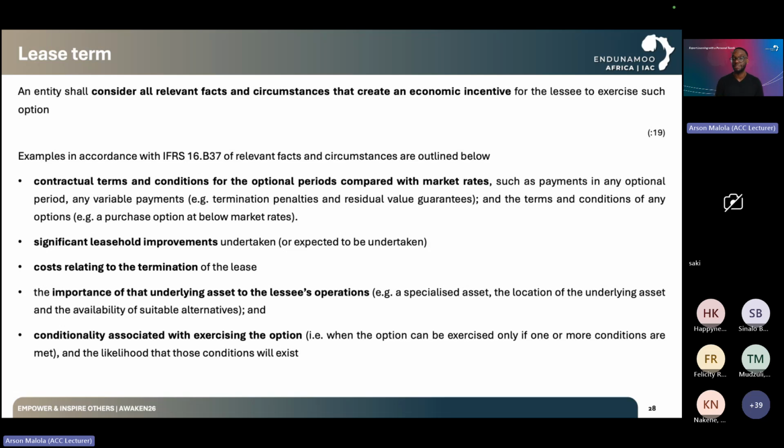Now, notice that the assessment is from the lessee's perspective, not the lessor's perspective. So what would the lessee do? However, lease term is the same for both the lessor and the lessee. So even the lessor, when assessing lease term, needs to consider what the lessee would do. What the lessor would do is irrelevant regarding assessing a lease term.